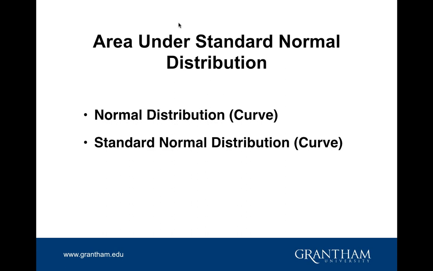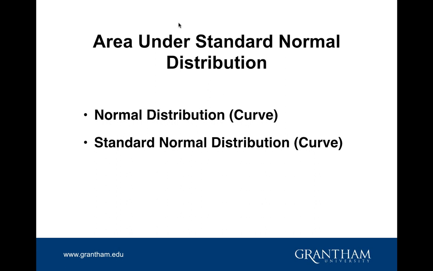Next, we're going to talk about the standard normal curve. The standard normal curve is an extension of the normal curve, except that it has particular criteria that have to be met. The normal curve has any mean and any value for the standard deviation, but the standard normal curve must have a mean equal to 0 and a standard deviation equal to 1.